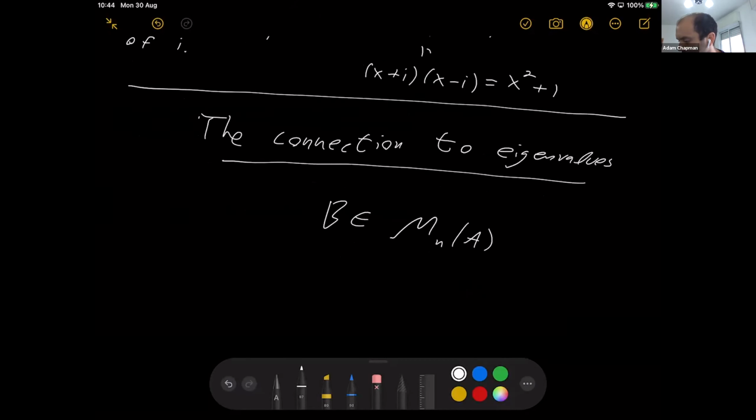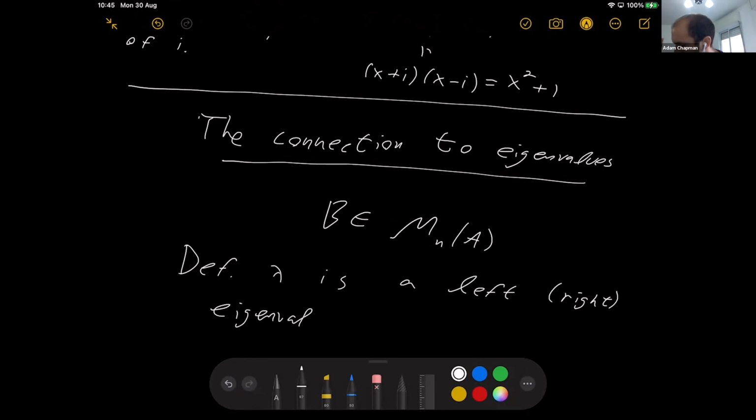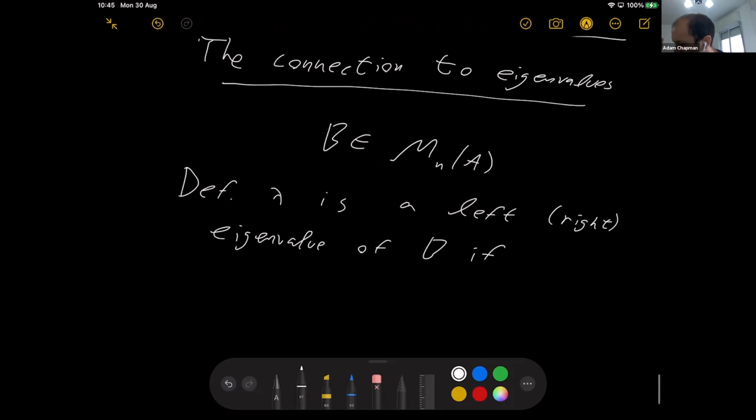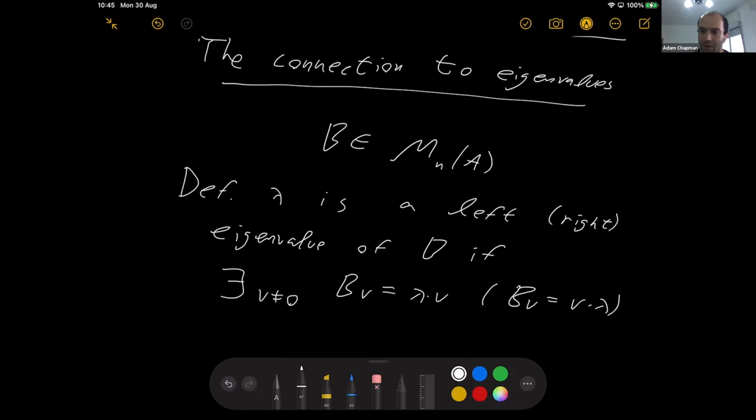And you say that lambda is a left or right eigenvalue of B if there exists a non-zero vector for which B times this vector is lambda times this vector, or B times this vector is this vector times lambda if you want the right eigenvalue.